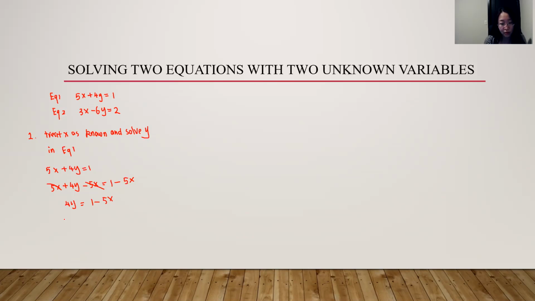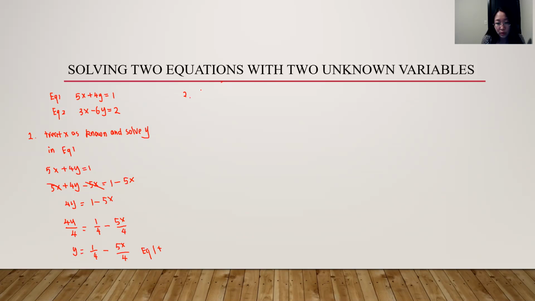We divide both sides of this equation by 4. So y equals 1 over 4, minus 5x divided by 4. That is equation 1 plus.